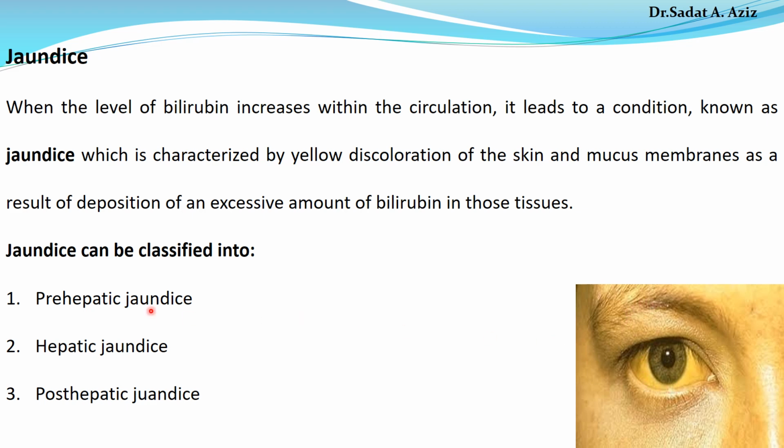Okay, so jaundice in general can be classified into 3 main groups. The first one is called prehepatic jaundice. The second one is called hepatic jaundice, and then we have post-hepatic jaundice.